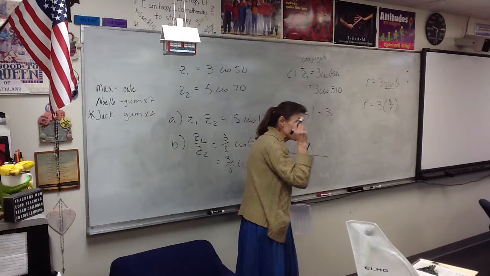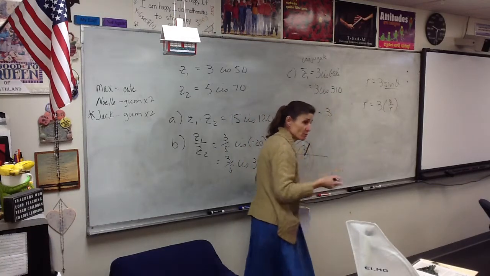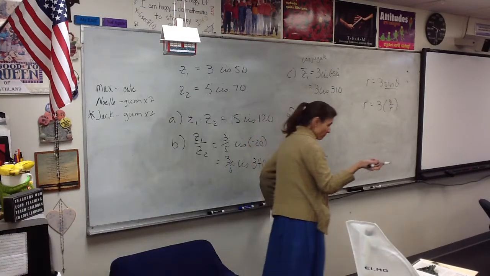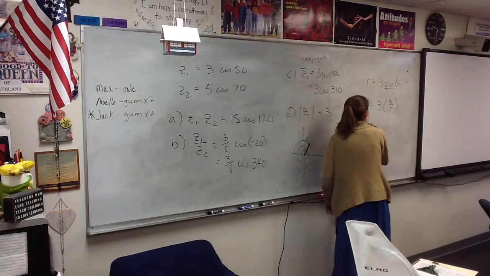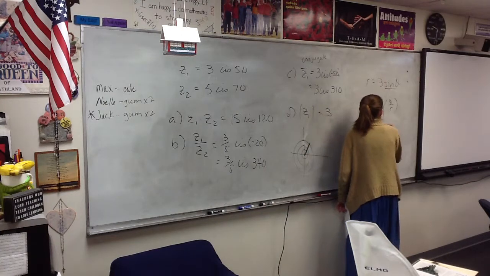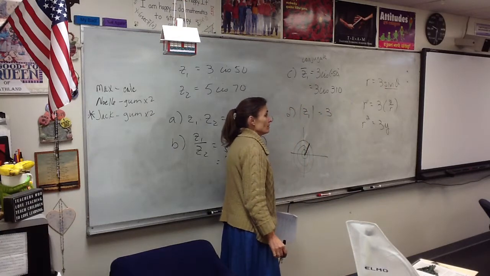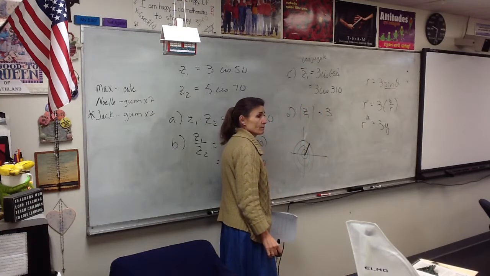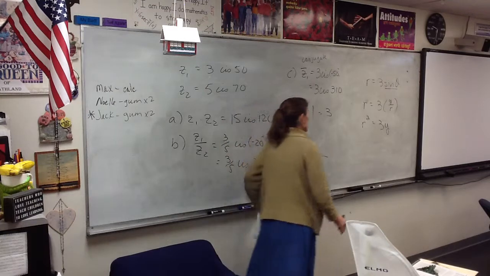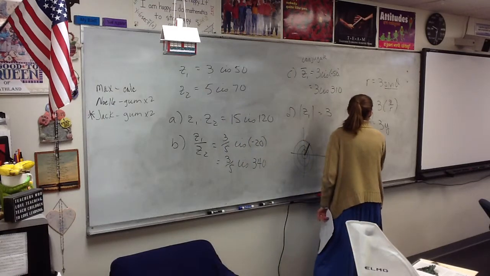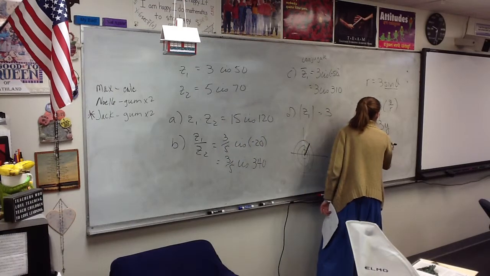So do you remember now as it's starting to come back? What's the next thing we do? Get rid of the fraction. So in this case, multiply by R. R squared is the same as x squared plus y squared.